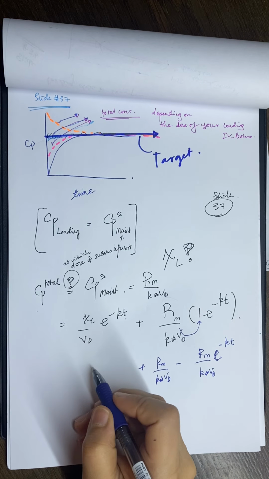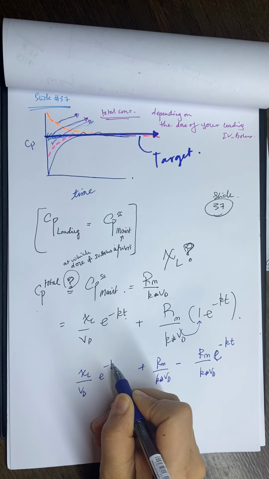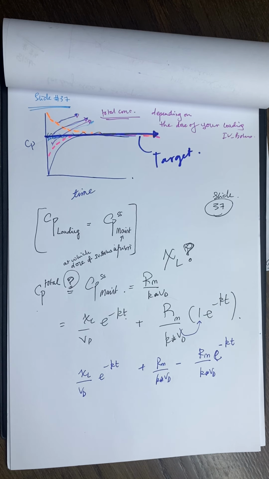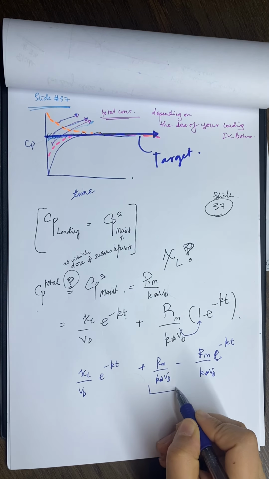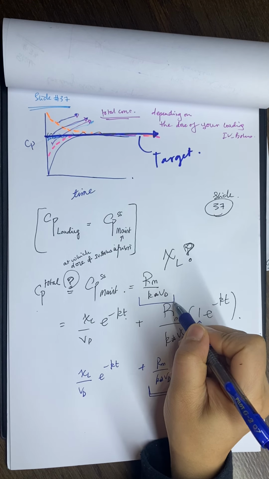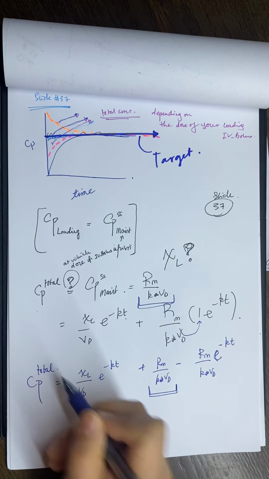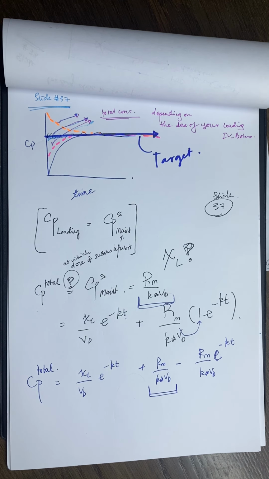And this is equal to minus K with time. Okay, I want this to be my answer, or in other words, I need this to be my total, right? How will this happen? Just look at this and try to think about it.